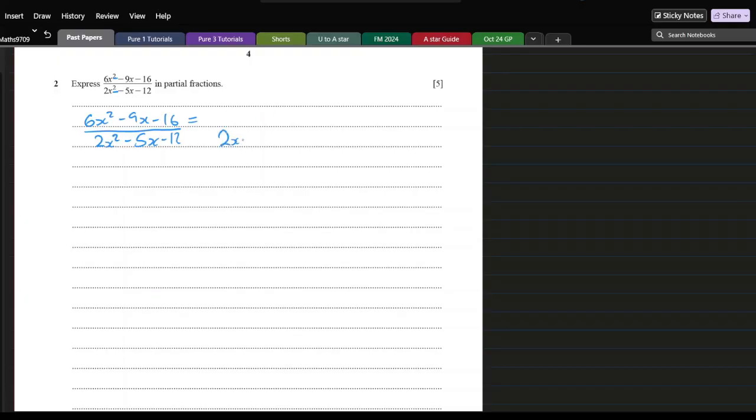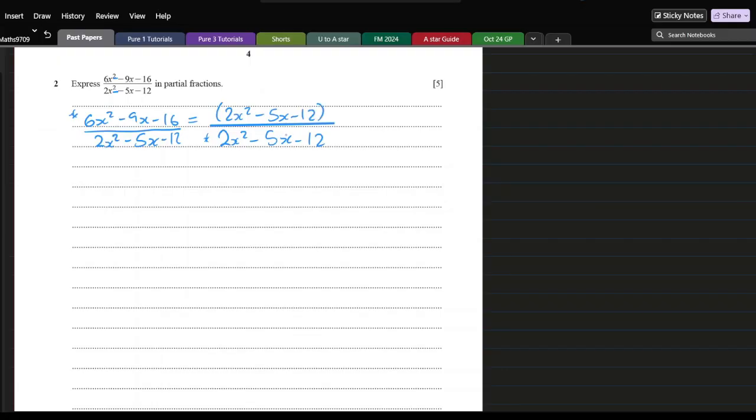So we've got our denominator, that's 2x squared minus 5x minus 12. Then we want to find a way to write our numerator in terms of our denominator. So I'm just going to put brackets here, and then we're going to write our denominator exactly as it is, 2x squared minus 5x minus 12.